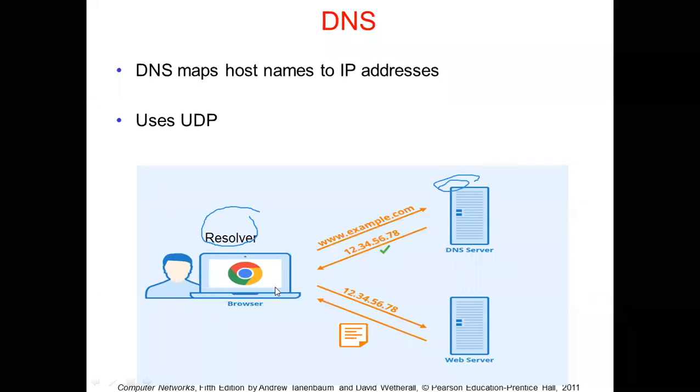First, the user will make use of a browser. In the browser, he will give the name of that particular website, www.example.com. There is a process called the resolver. It sends a message to the local nearby DNS server. The DNS server will in turn return the IP address of that particular machine. Which machine? Example.com. For example, it could be GCC Bhakti College of Commerce, gccbgm.org.